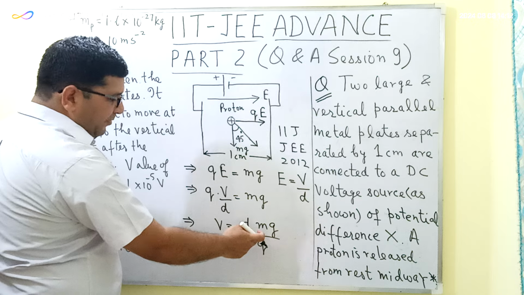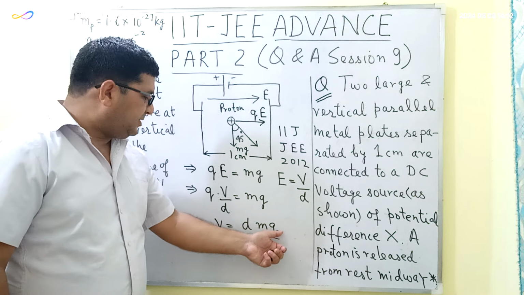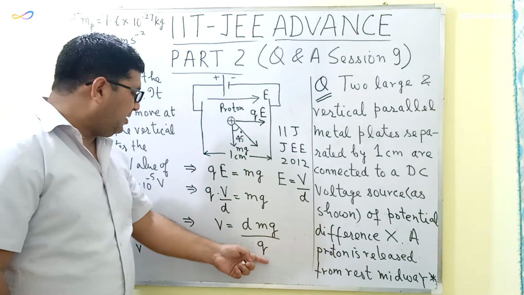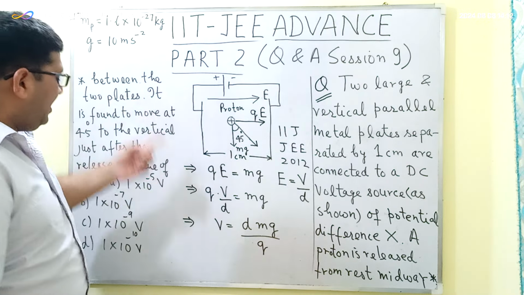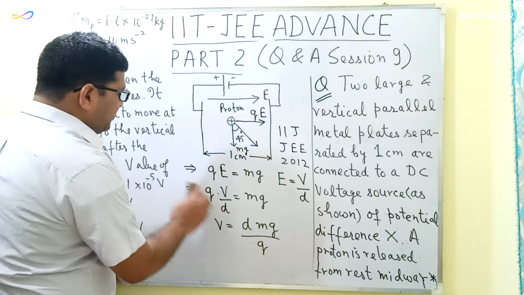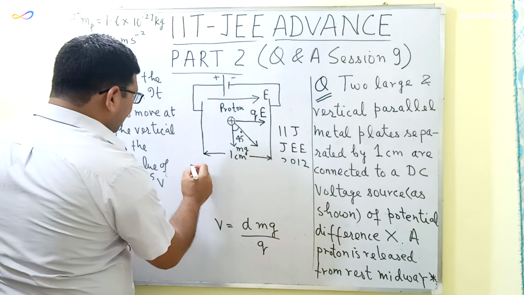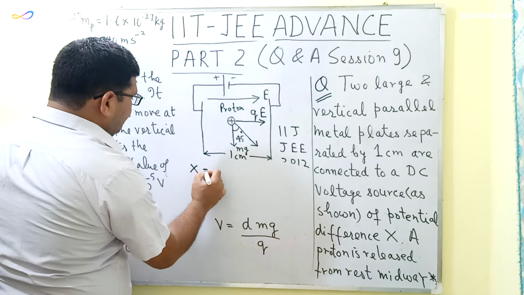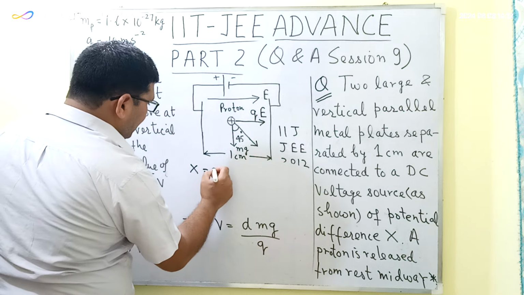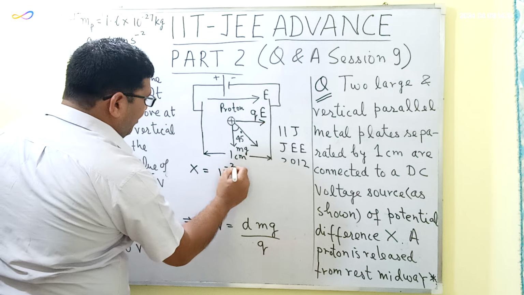So now simply we have to substitute the values. M is the mass of the proton, G is the acceleration due to gravity, which has to be taken as 10 meter per second square, Q is the charge on this proton, and D is the distance which is separating them. So if I substitute these values in this equation, the value of the potential difference, which is given as X in this question, will be equal to D is equal to 1 centimeter, so in meters it will be 10 to the power minus 2.